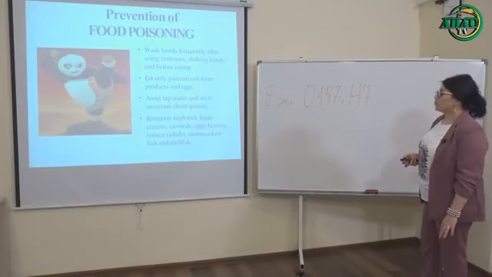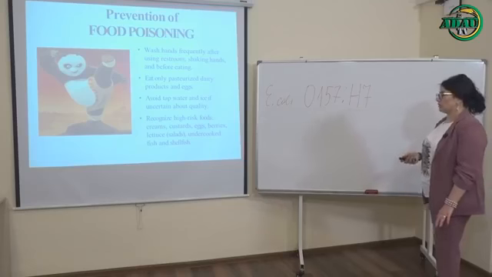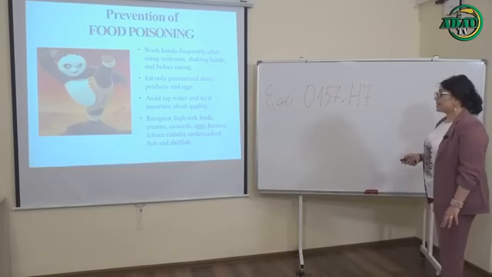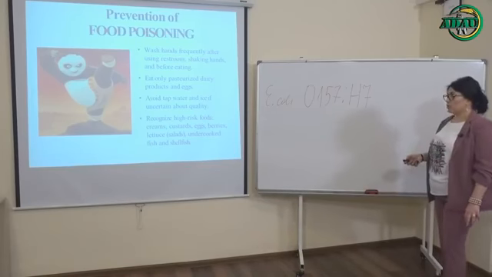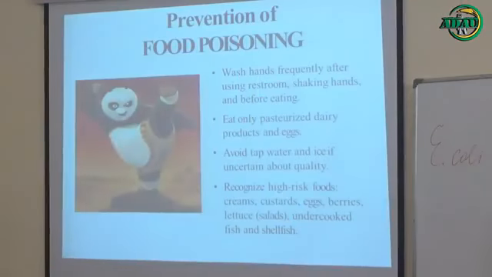Avoid tap water and ice if you are uncertain about their quality. Recognize high-risk foods. It can be creams, eggs, berries, salads, undercooked fish and shellfish. The most important source for food poisoning is fish and shellfish, aqua products, let's say.